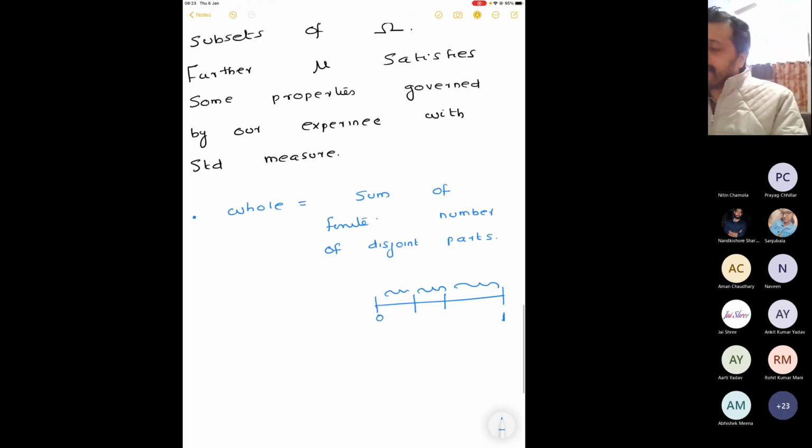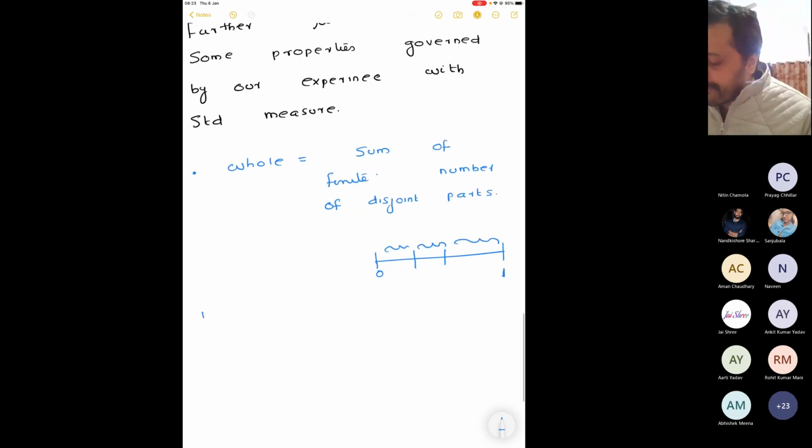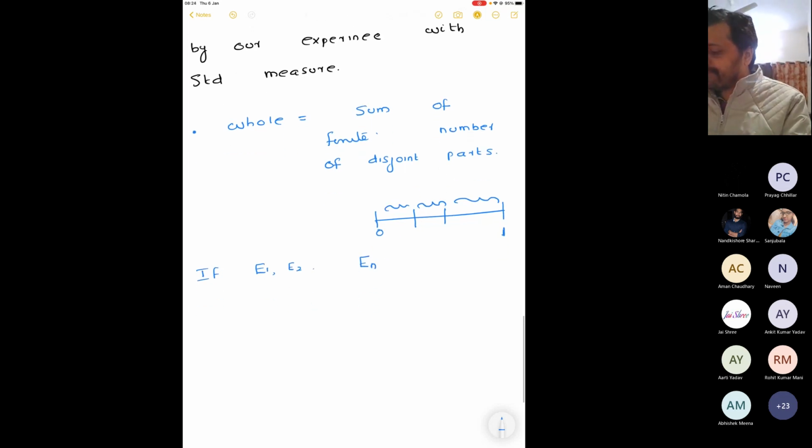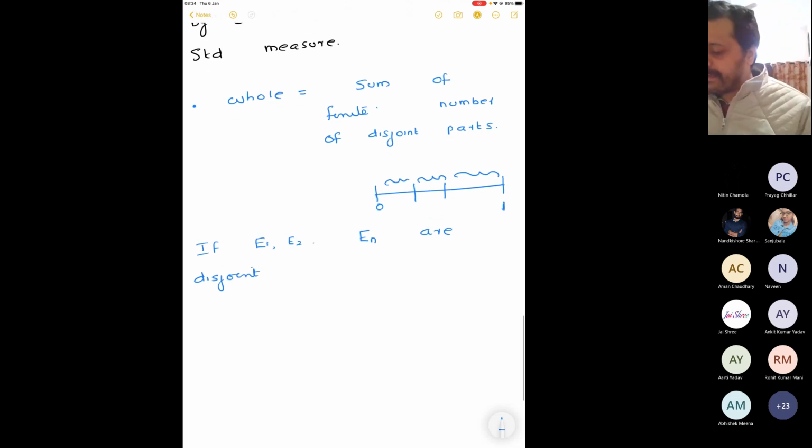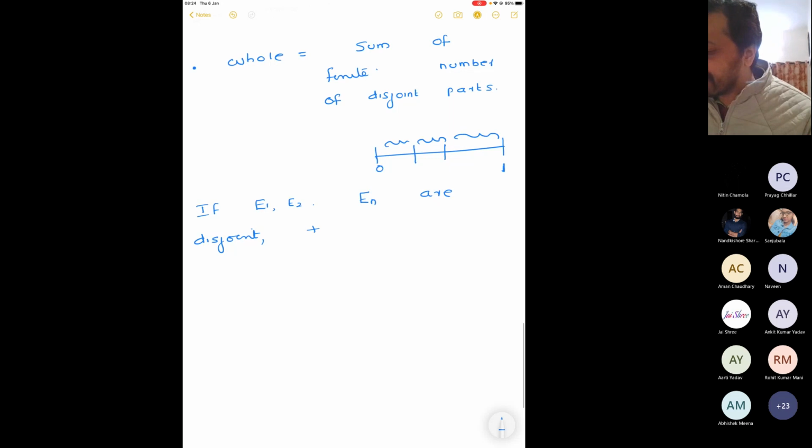So translating it, if E1, E2, etc., En are pairwise disjoint, then what we are looking for is mu of the union of Ej, j equal to 1 to n, I want to be equal to the summation of mu of Ej.